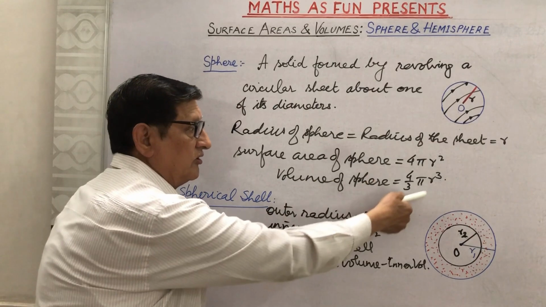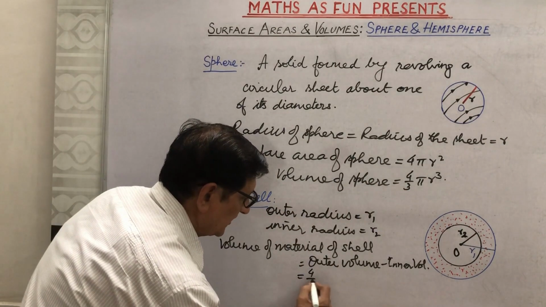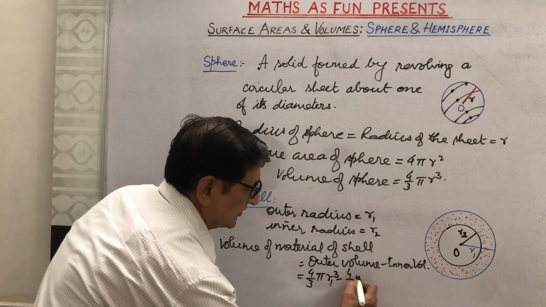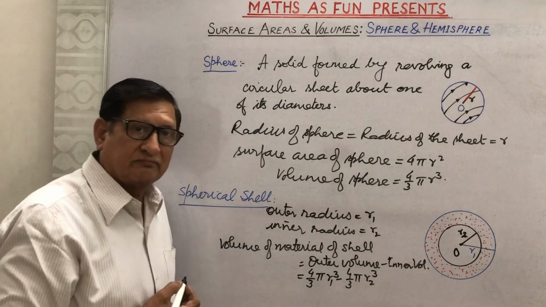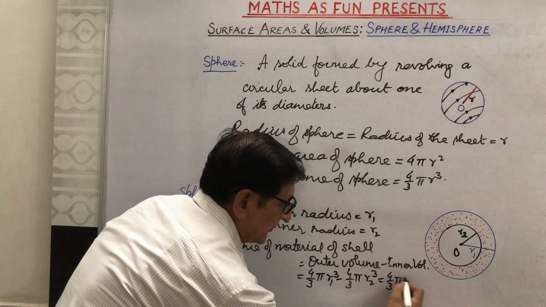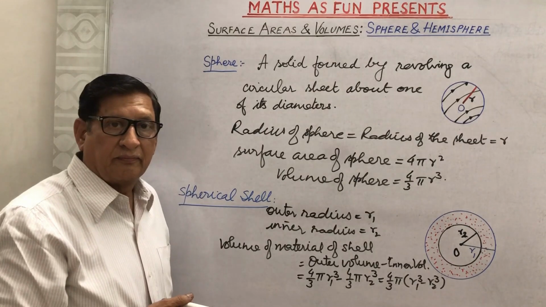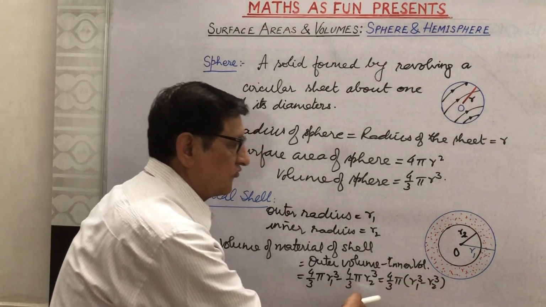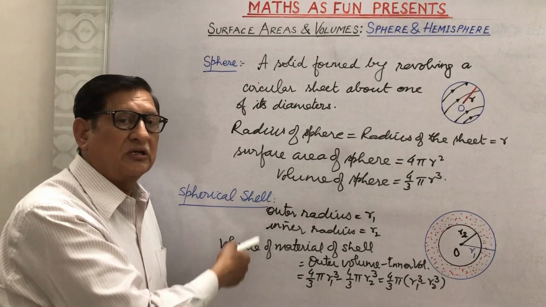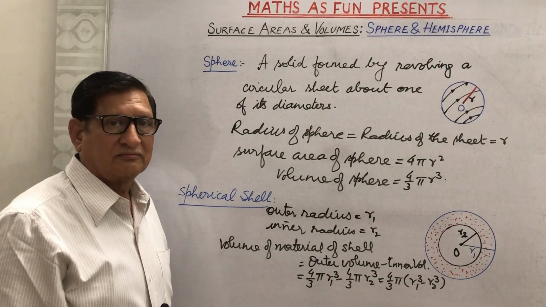We know the formula of volume of sphere, 4 by 3 pi r cube. So can we say this will be 4 by 3 pi r1 cube minus 4 by 3 pi r2 cube. If we take 4 by 3 pi common, this will be r1 cube minus r2 cube. This can be used as a formula to find out the volume of the spherical shell or volume of the material of which this particular shell has been made.